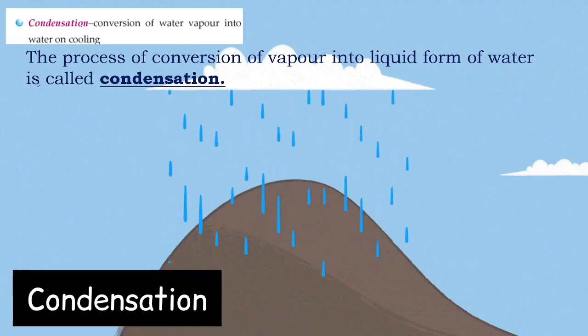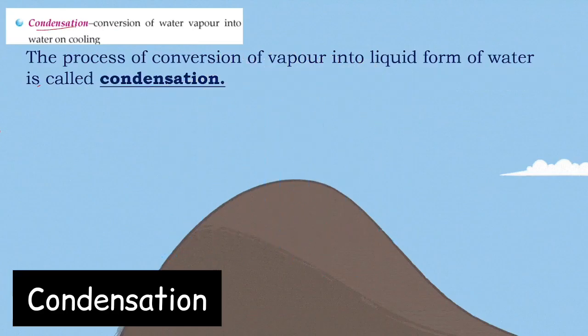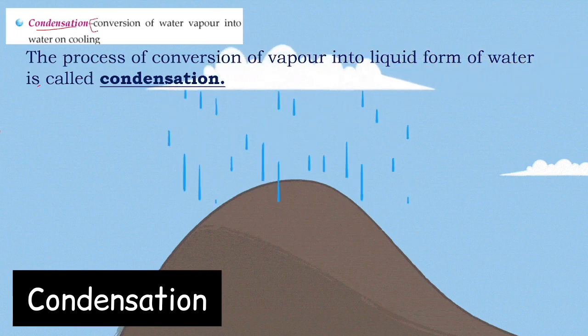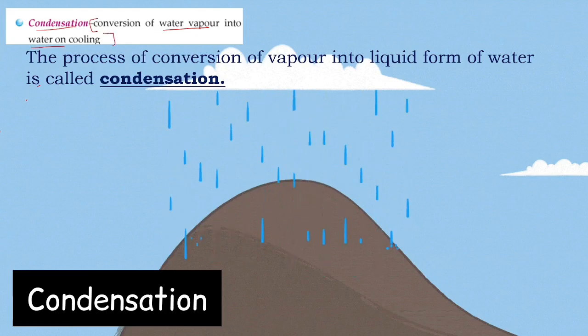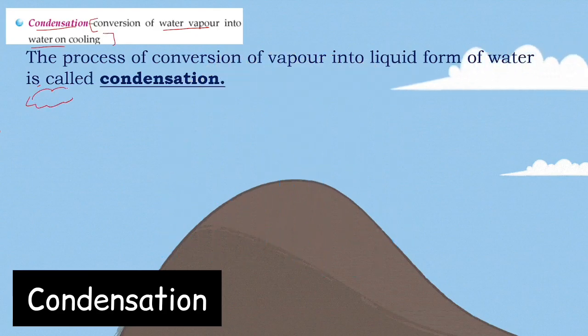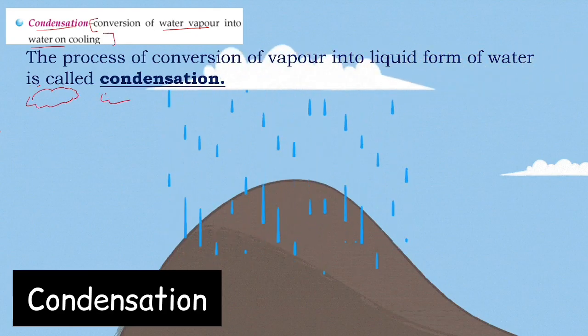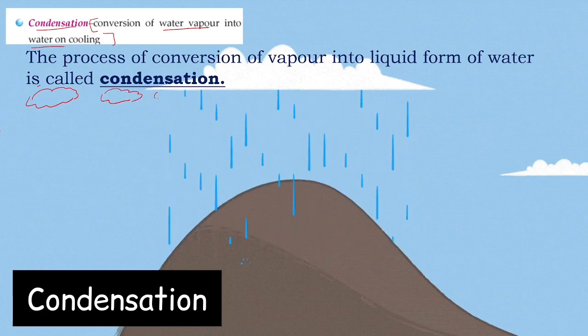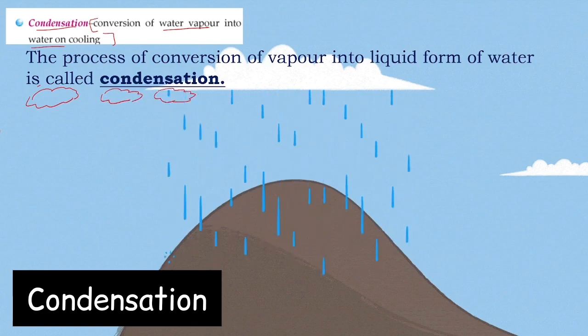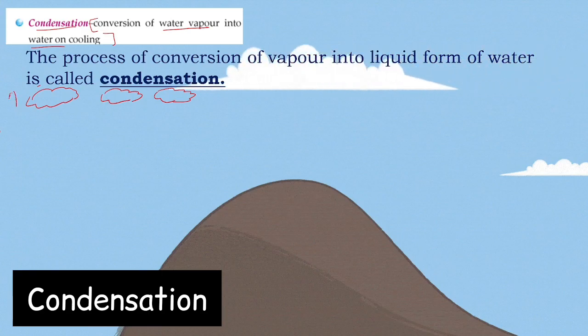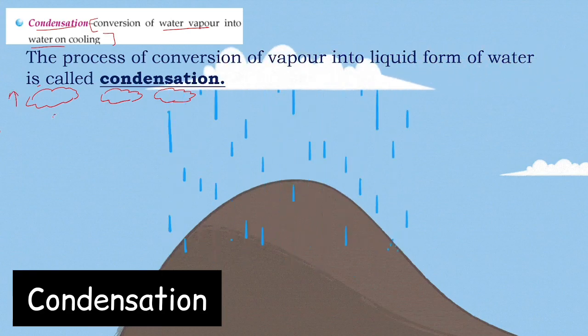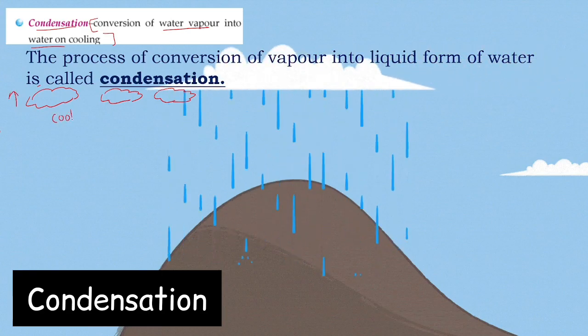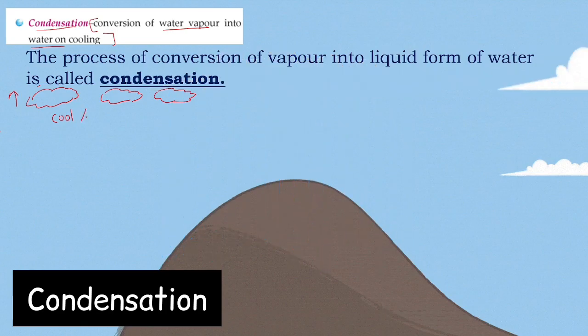We have the next step, condensation. What is condensation? Conversion of water vapor into water on cooling. When this water vapor goes up in form of clouds, once they reach a particular height, the temperature is less, so it is very cool, or the temperature is cold over there.